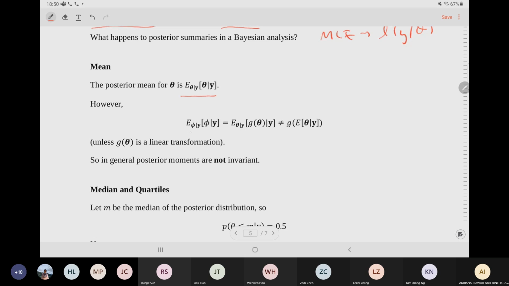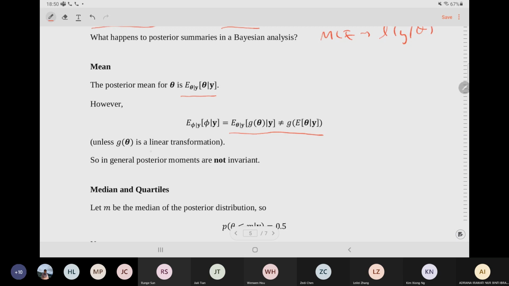Because the expectation of a function g of theta is not equal to the function of the expectation, unless it's a linear transformation.